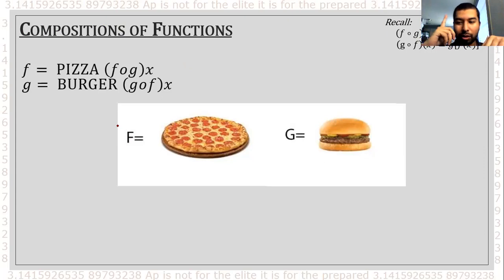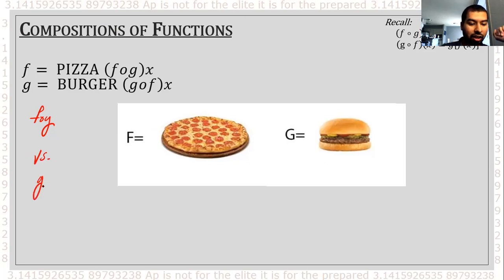I want you to picture it in your mind. Let's look at the first one. Let's look at how f of g will look, meaning g goes into f. Just picture that. How will that look if f is a pizza, g is a burger? Sounds yummy either way. All right, hopefully you have an image of that.